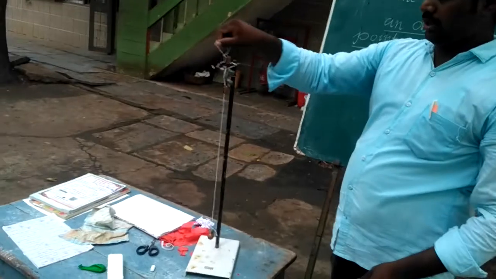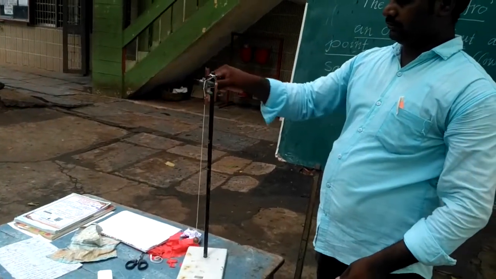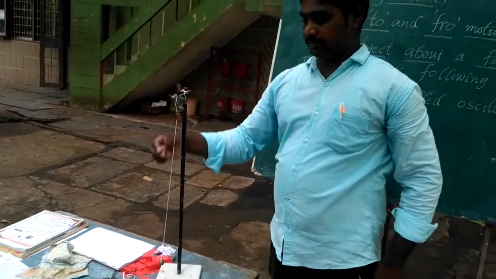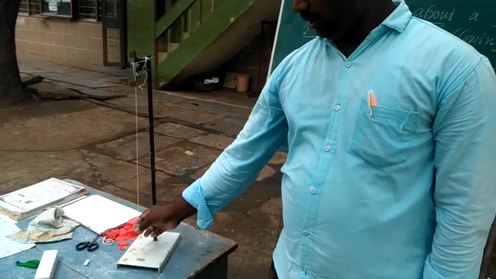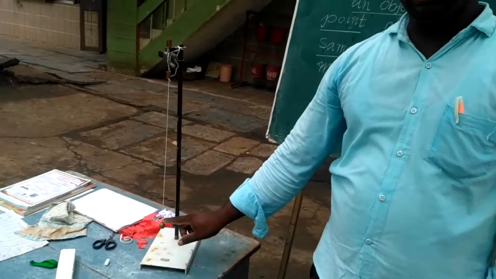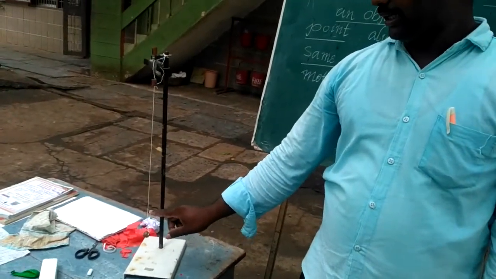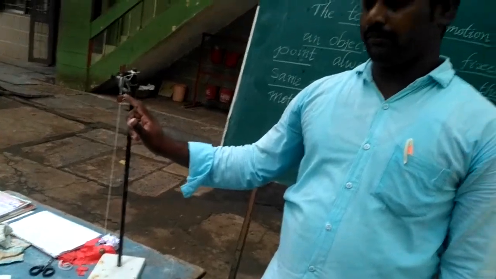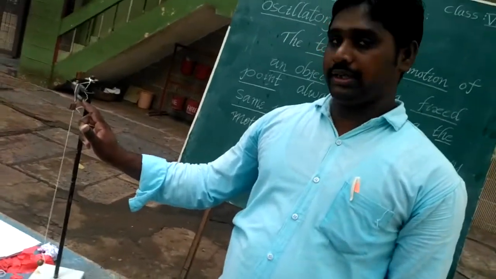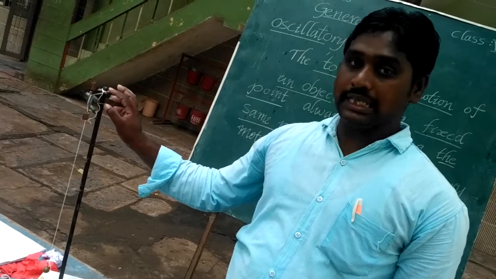This is called a pendulum. Okay, students, what is a pendulum? A metal ball tied up with thread and suspended from a fixed point of the retort stand is called a pendulum.